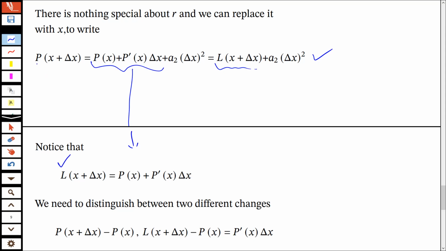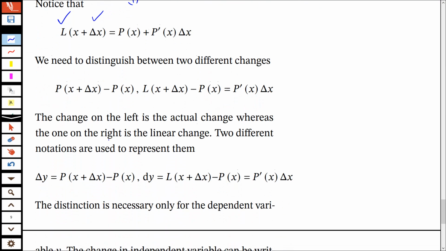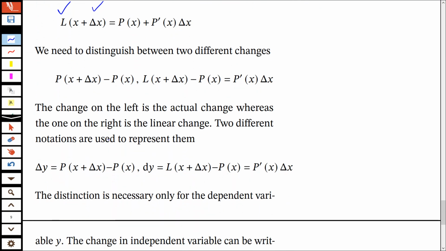So this is the prediction at the new point by the polynomial, and this is the prediction by the linear function. Now we need to distinguish between two different changes. This is the actual change as you go from x to x plus delta x, and this is the change captured by the linear function, because this is an approximation, and that actually turns out to be the derivative times delta x.